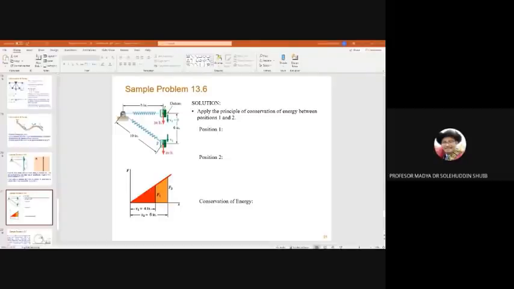So what you need to do here, we have to apply the principle of conservation of energy between position 1 and 2.